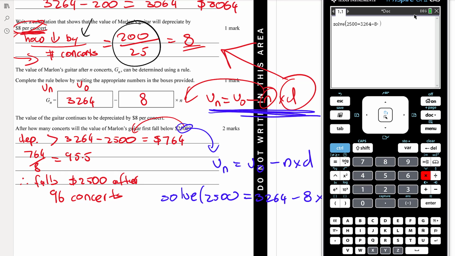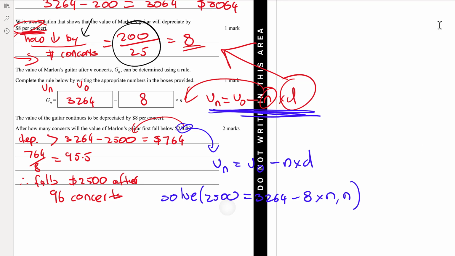I'm not going to use n, you can use any letter to be honest, but I'll just use n to be consistent, comma, n, close the bracket, press enter, and we get 95.5, which happens to be what we got here. So we get n equals 95.5, and therefore it falls below the 2,500 after 96 concerts. So you get the same answer both ways. Your choice which way you'd prefer to go. All right, thank you.